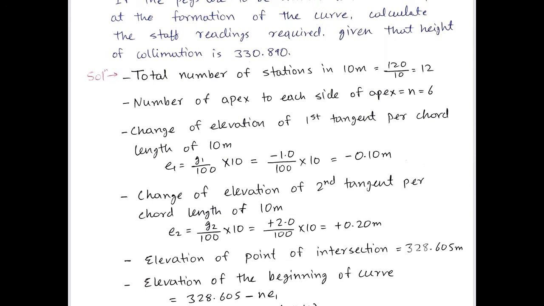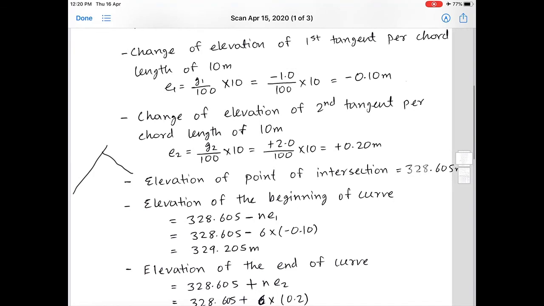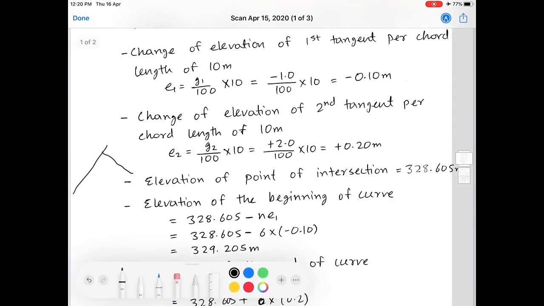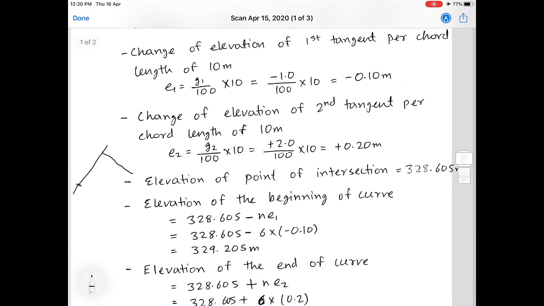See, over here as we can see we have two tangents. Now we have to find out the elevation of starting point and elevation of this point. Suppose I will denote it as A, and this is your starting point O and end point B. So the elevation of A is known and we find out the elevation of O. So how will you find out?